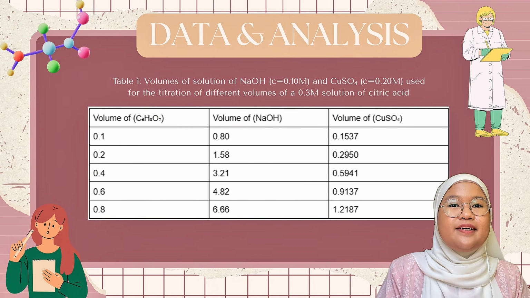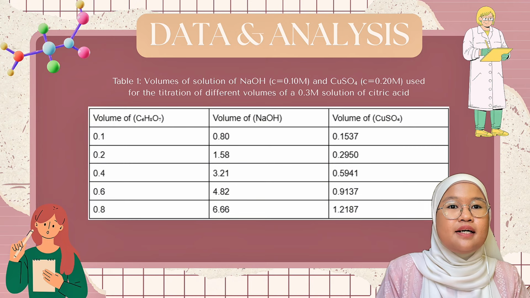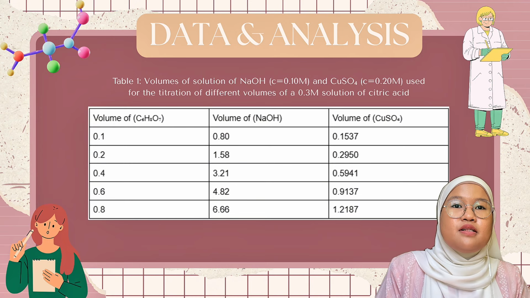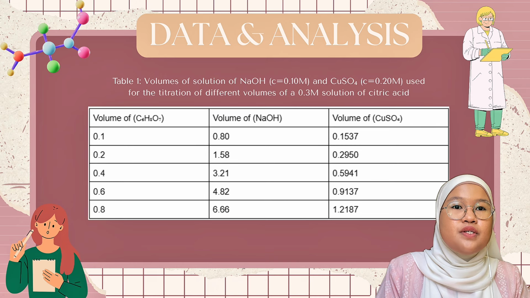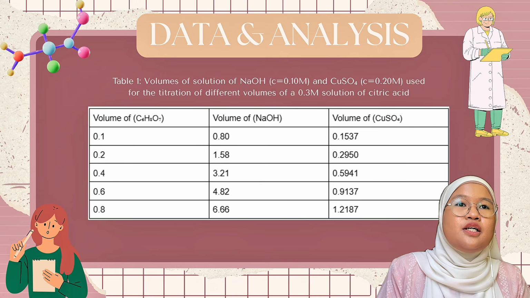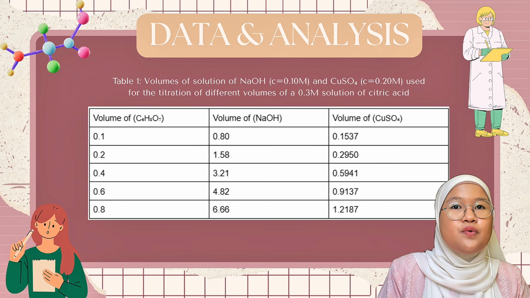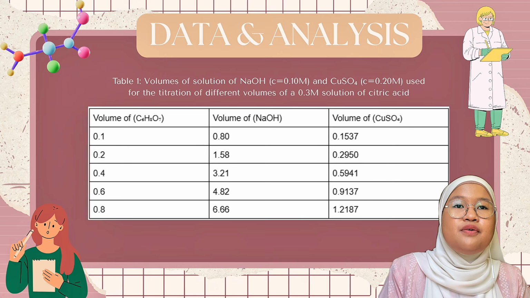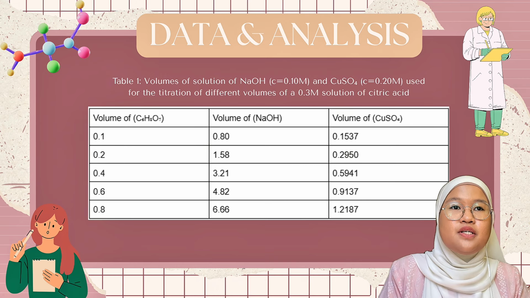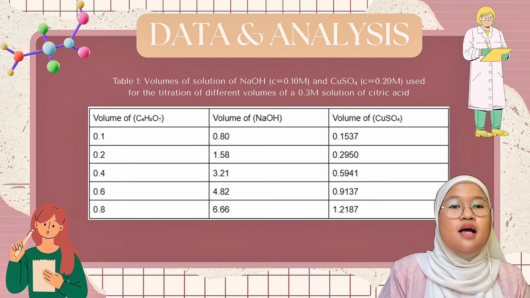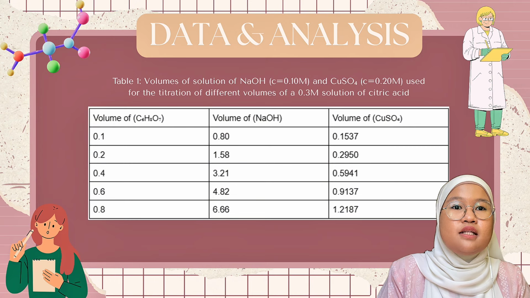I'll be explaining about the data collected and also the analysis. This table shows the volumes of 0.1 sodium hydroxide and 0.2 copper sulfate used for the titration of different volumes of 0.3 solutions of citric acid. As we can see, the volume of citric acid used starts from 0.1 until 0.8, so the values are different.